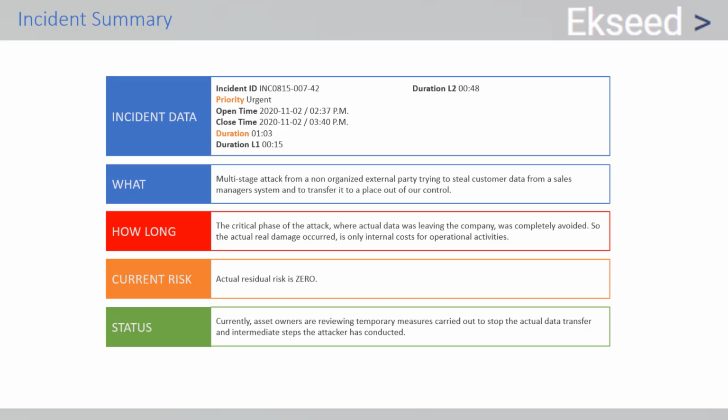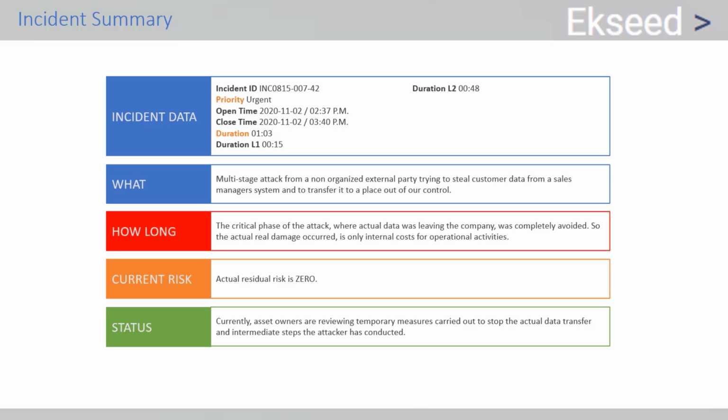For now, everything is safe because mitigative measures have been put in place, so that it gives the guys a bit of time to understand what possible next steps might be. What we also see from here is that the duration is really quick, right? Only roughly 15 minutes was the duration in level 1 and roughly an hour in the subsequent levels until there was a final mitigative action defined and put in place.